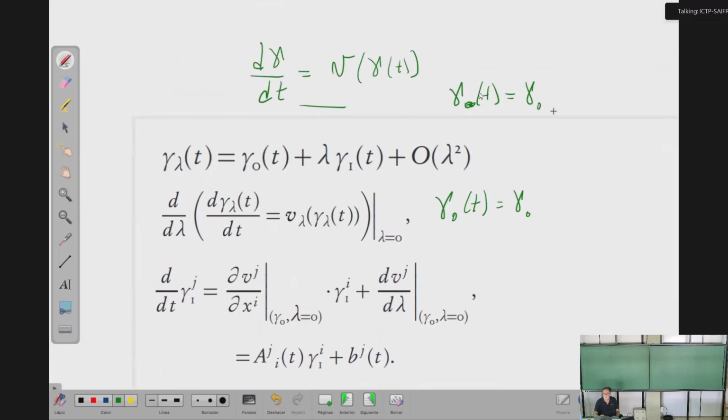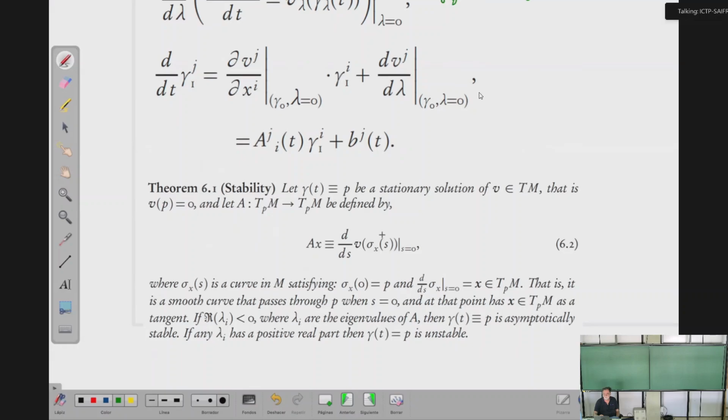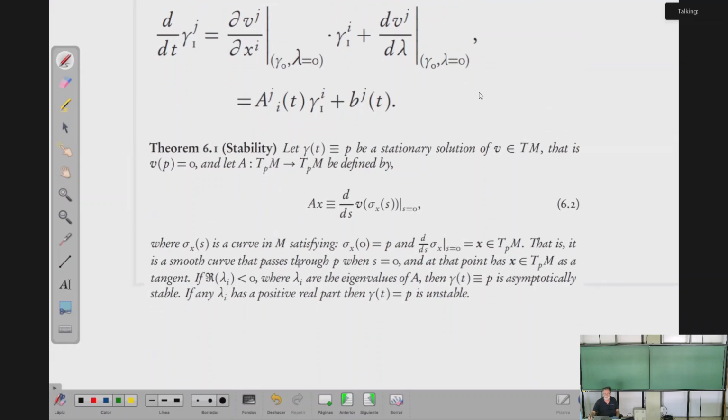Then this system is going to be stable if, when we look at this matrix here, which is just a derivative of b with respect to the parameter, then it's stable if the real parts of the eigenvalues of this matrix are negative, and it's asymptotically stable in this case also.